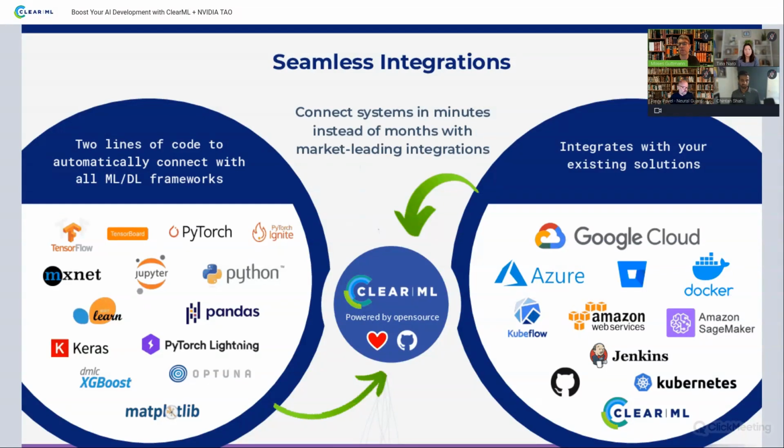And basically the idea is ClearML should be transparent. Just add 2 lines of code and we do all the heavy lifting. We are fully integrated with all the different deep learning frameworks, of course, with the serving as well. And we're fully cloud agnostic and hardware agnostic, which means you can run it on any cloud provider, any on-prem, bare metal, or Kubernetes, even integrating with Slurm HPC clusters.